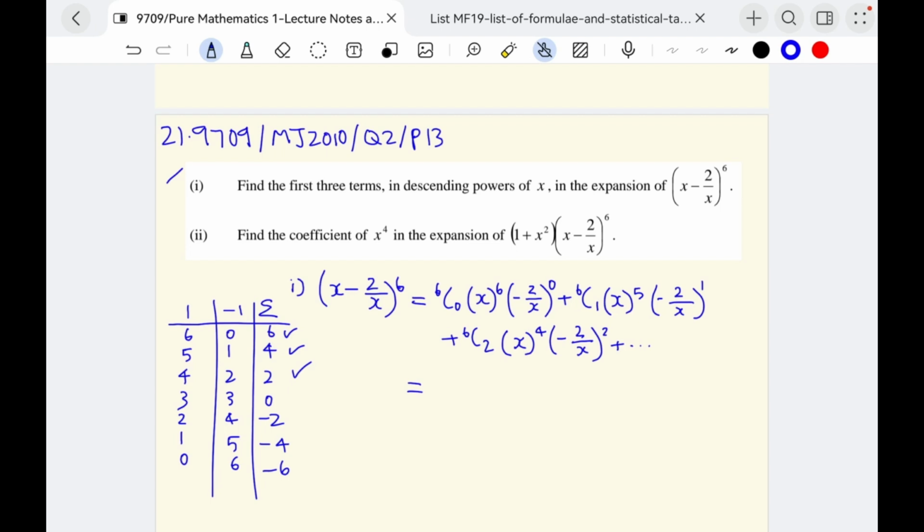You will get x to the power of 6 minus 12x to the power of 4 plus 60x squared.